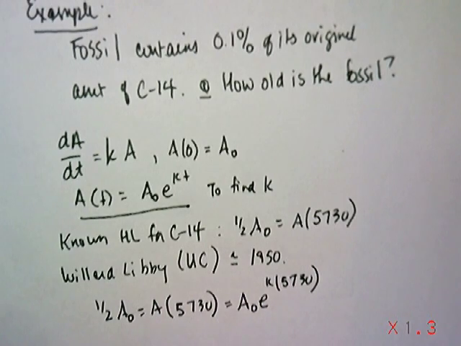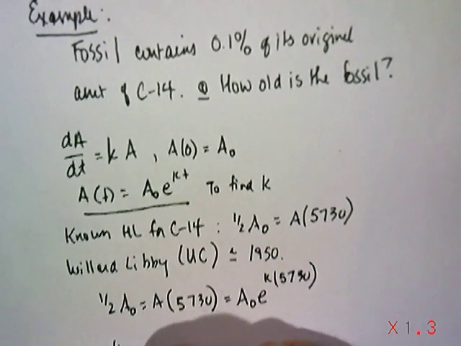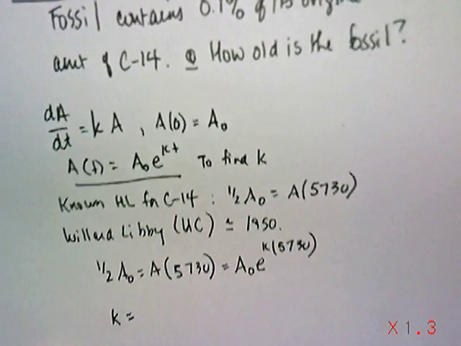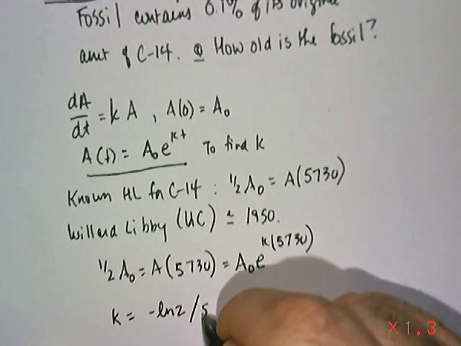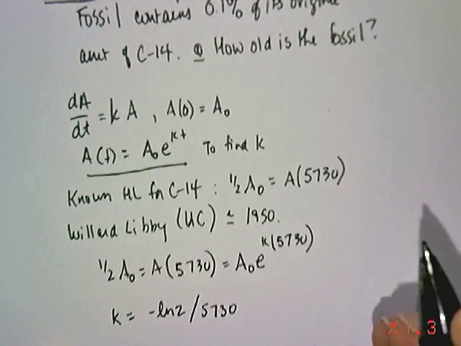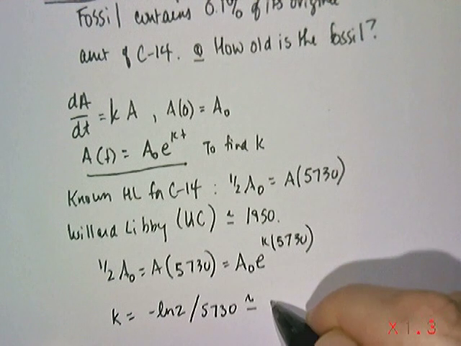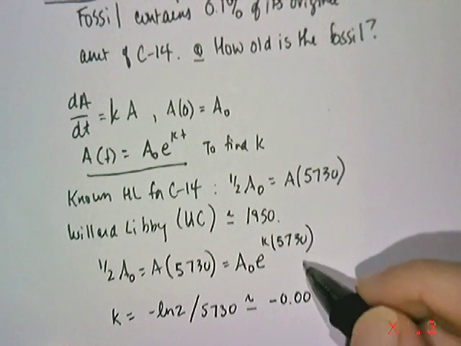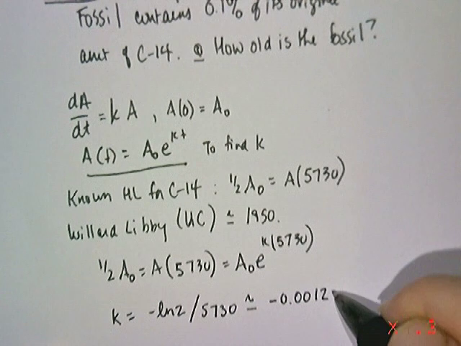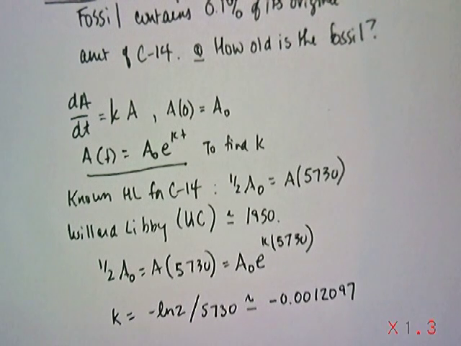You can show that k is going to be minus natural log of 2 divided by 5,730, which is approximately negative 0.000121097. It's similar to what we just did with half-life because the carbon-14 is going to disintegrate.